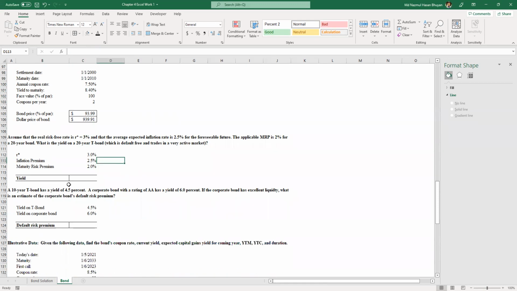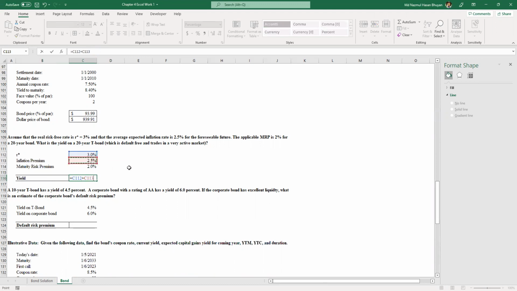Now, here, you know your risk-free rate, you know your inflation premium, you know your maturity premium. Now, the question is, what is the yield on a 20-year treasury bond? So the rate should be risk-free rate, inflation premium, maturity risk premium.